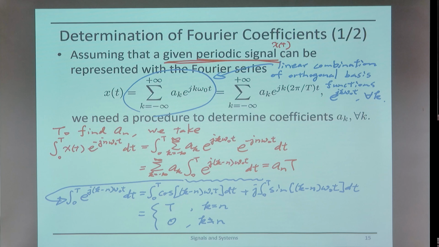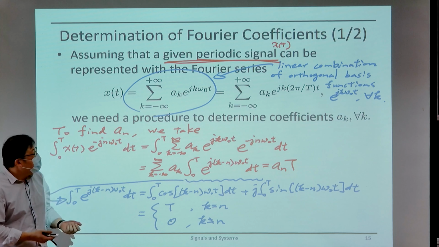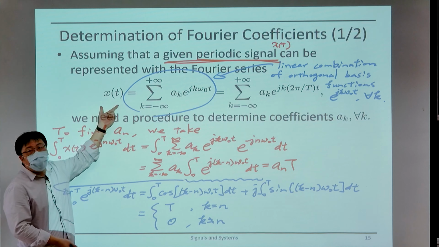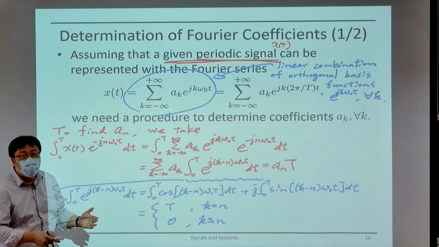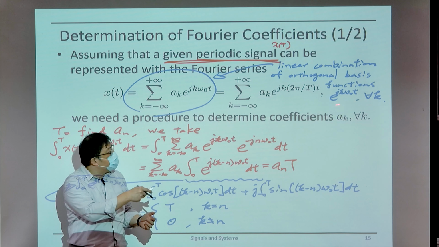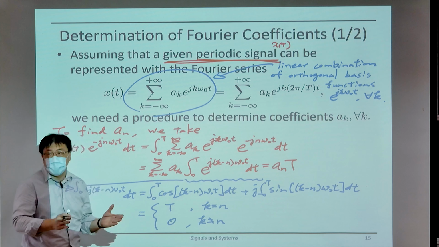If you've taken a course on linear algebra, then the insight for this is clear. The insight is just to say that we can represent any periodic signal using the set of bases formed by harmonically related complex exponentials.